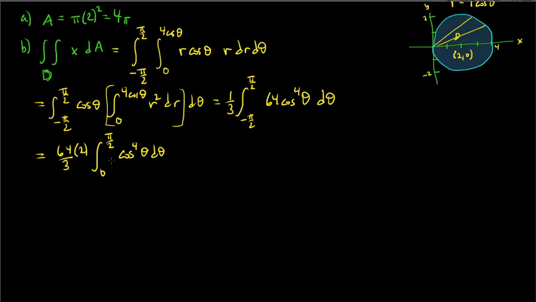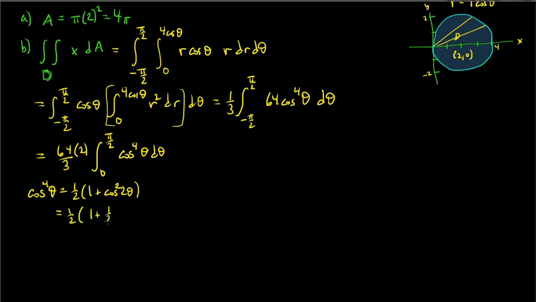So we've worked this out before, right? You're just using the half angle identity, cosine squared. Well, let's do it properly then. Cosine to the fourth is going to be 1/2 times 1 plus cosine of 2 theta, but it's going to be, cosine squared of 2 theta. Right? And then you got to work it out again.